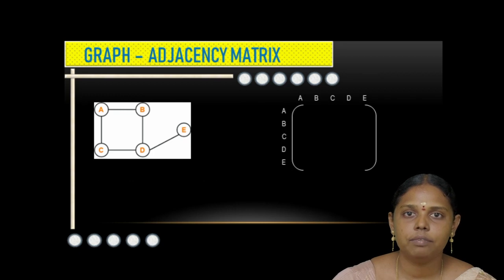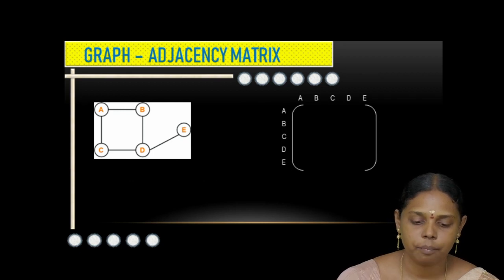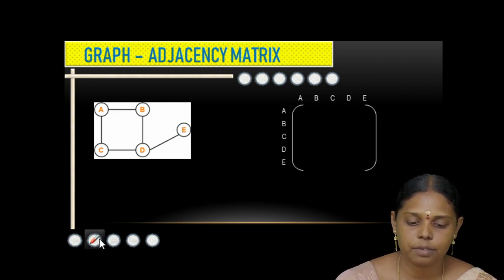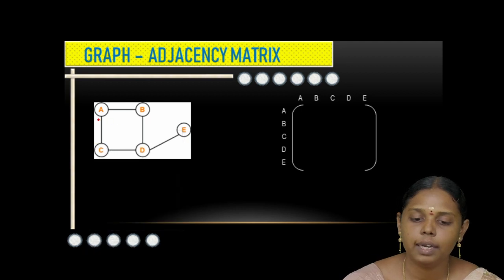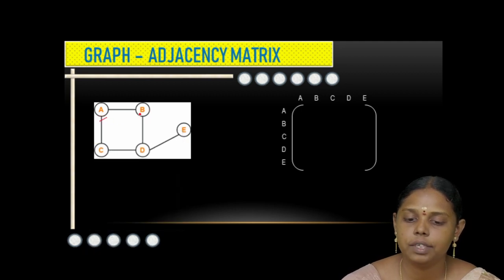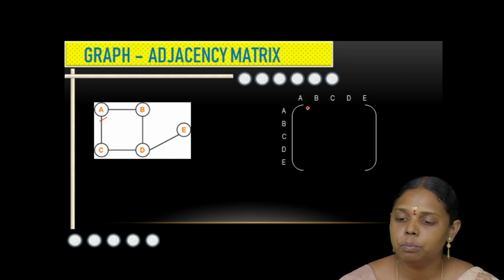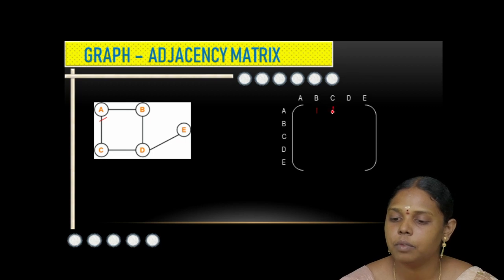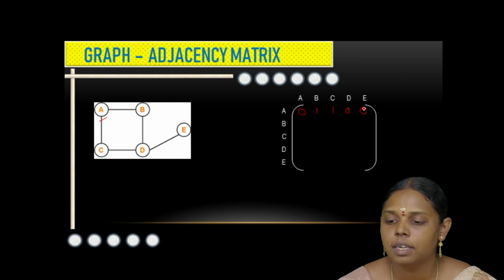This is a graph with 5 vertices and 5 edges. Let us find the adjacency matrix for this graph. Here we may note that the vertex A is adjacent to the vertices B and C. So in the first row, we need to put 1 corresponding to B as well as C, and all the other entries will be 0 since they are not adjacent.